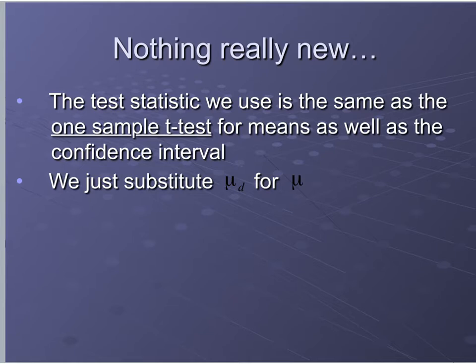The test statistic is the same as the one sample t-test, and the confidence intervals are the same, so we're actually just going to use a t-test with the mean difference and a t-interval with the mean difference. So our t is x bar d, that's the mean of our differences, minus our hypothesis, which is going to be 0, divided by s over the square root of n.